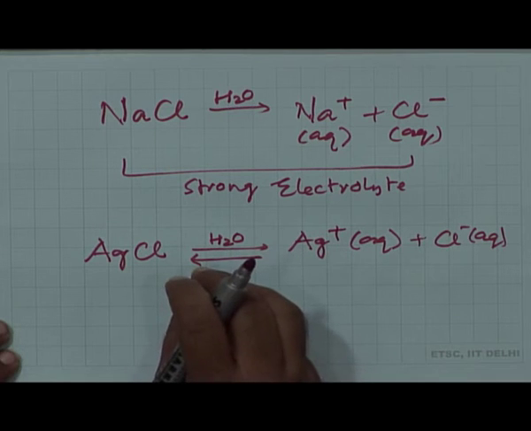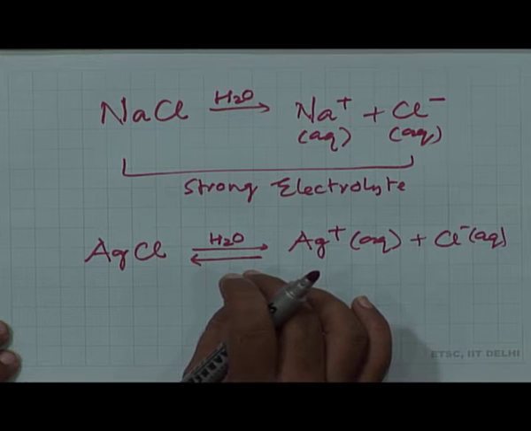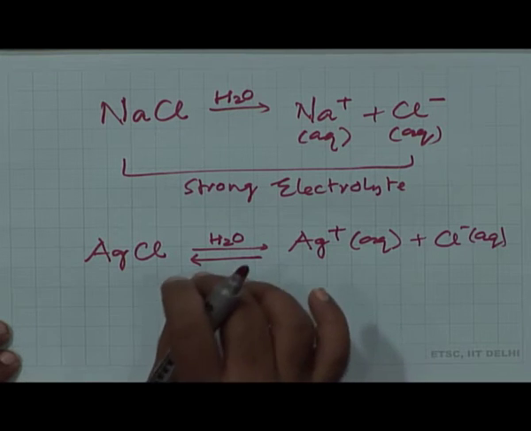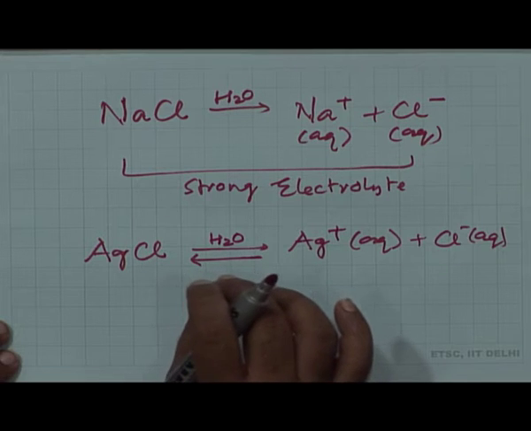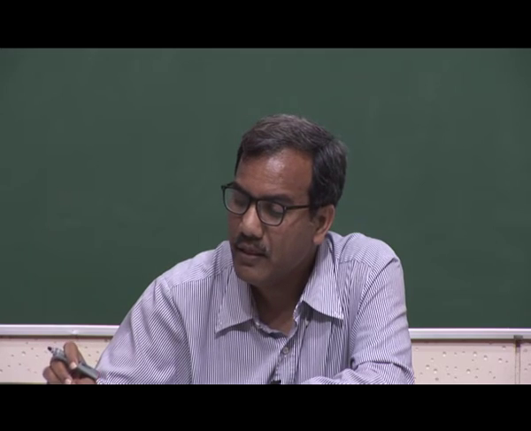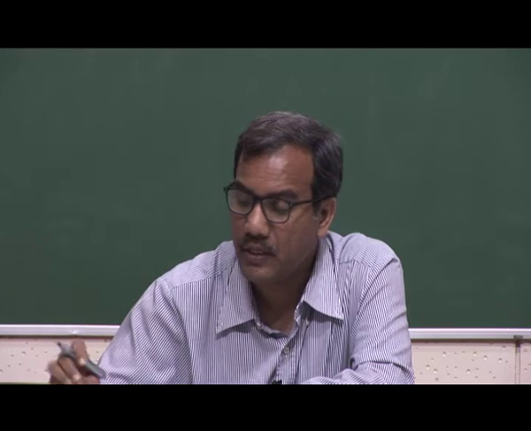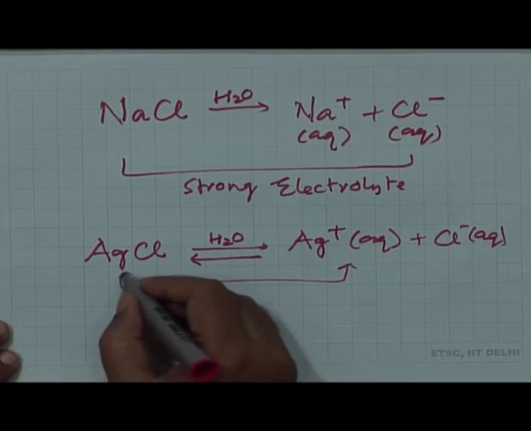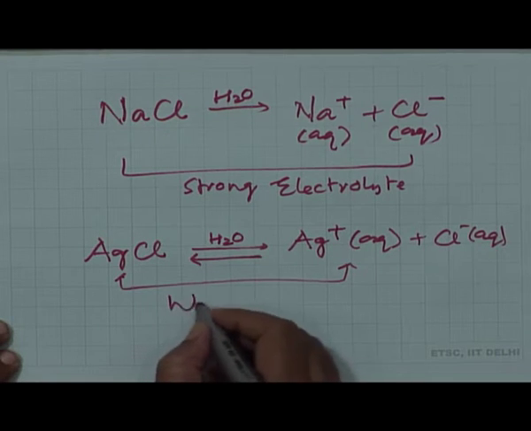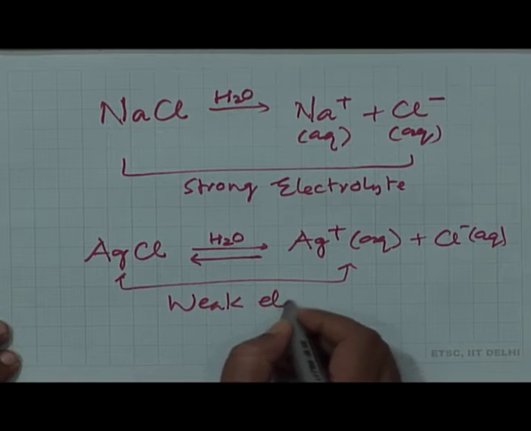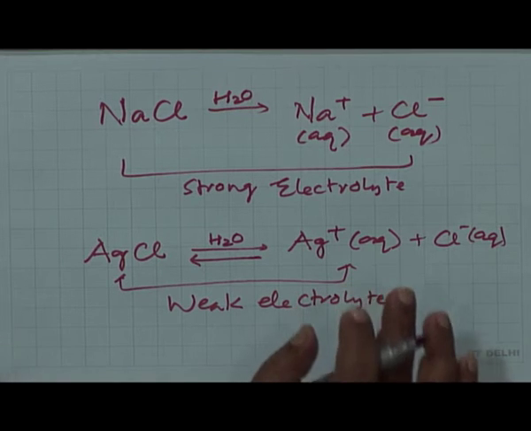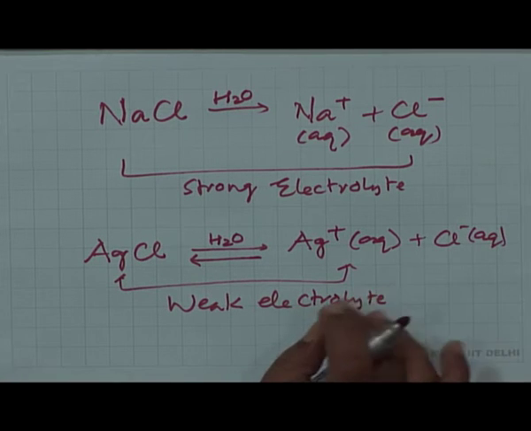Only part of AgCl will be in solution, and that part will be dissociated, whereas the other will go out of the solution, and that is why these are examples of weak electrolytes, since it does not completely dissociate.